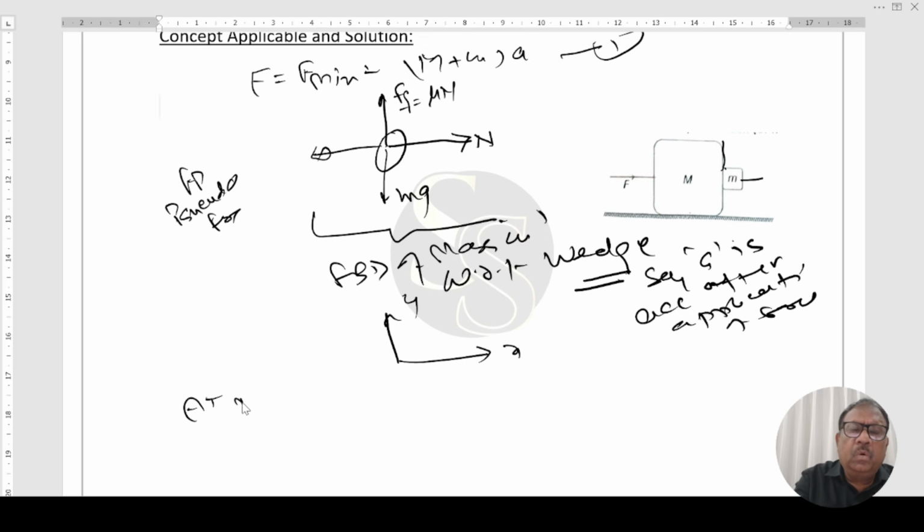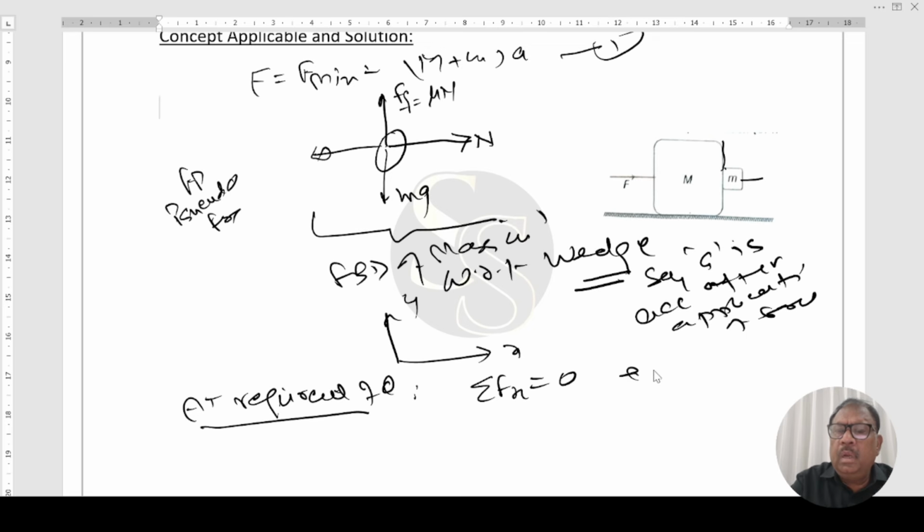According to the requirement of the question, summation Fx equal to 0 and summation Fy equal to 0. In the x-axis, N will be equal to ma.